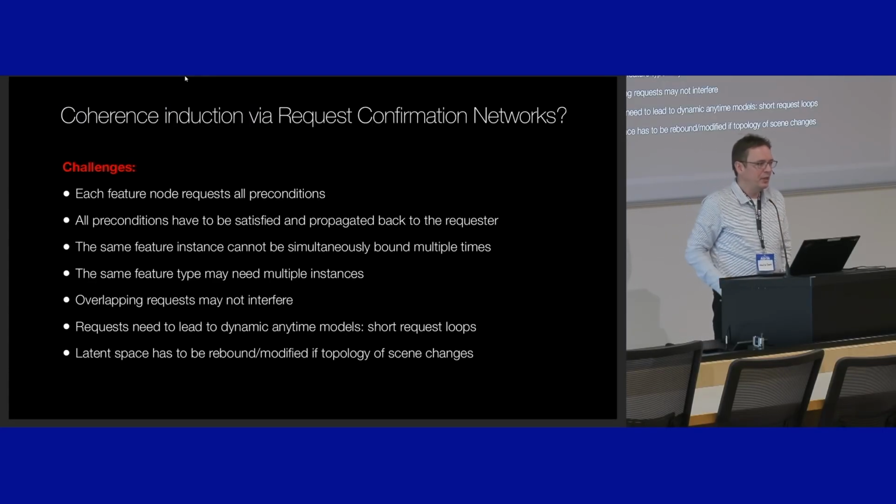And there are a number of challenges that we need to resolve if we want to get this to work. So for instance, the feature nodes need to represent their preconditions, and the preconditions have to be satisfied and propagated back to the requester. The same feature instance cannot be simultaneously bound multiple times. So every feature that you are looking at, for instance, if you see some blob of color in your visual field and you decide, okay, this is part of somebody's laptop or somebody's bottle and so on, it cannot be part of anything else.